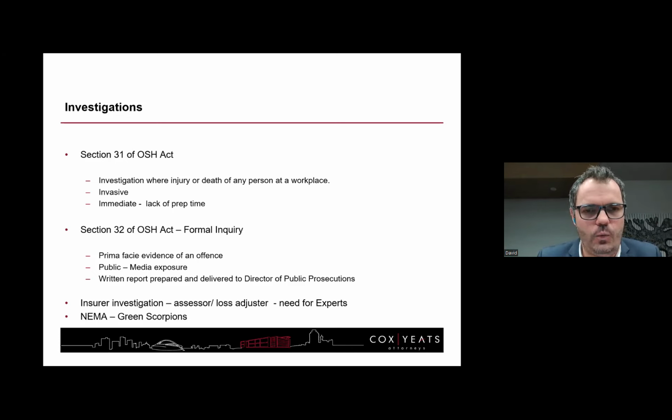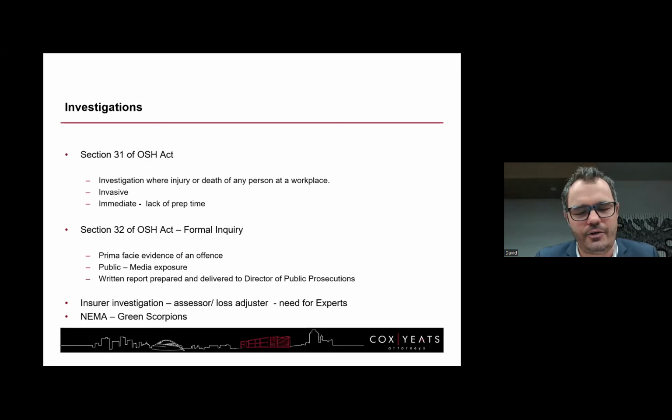Immediately under Section 31, an investigator is appointed, and the Department of Labor has a number of engineers that investigate. That investigator can walk onto the site that minute. They don't have to give you notice. You have to allow them onto site, and they immediately start investigating. They immediately ask for contracts and drawings, and they start taking statements, and they go at it.